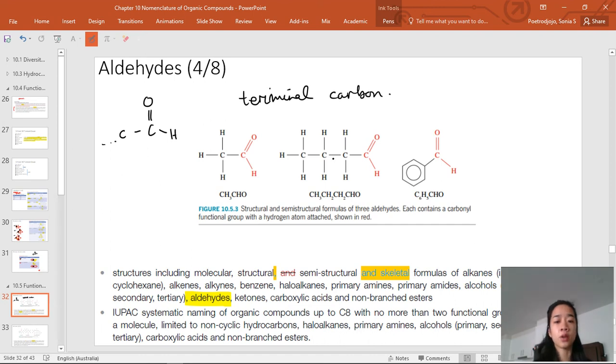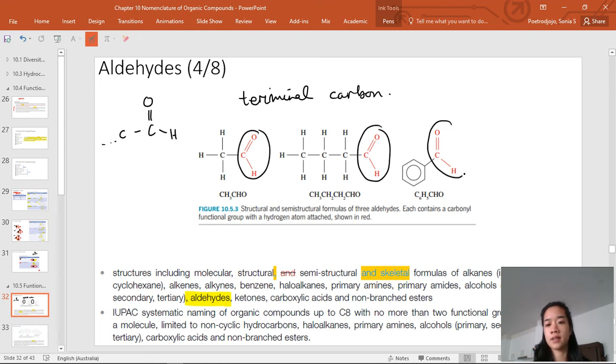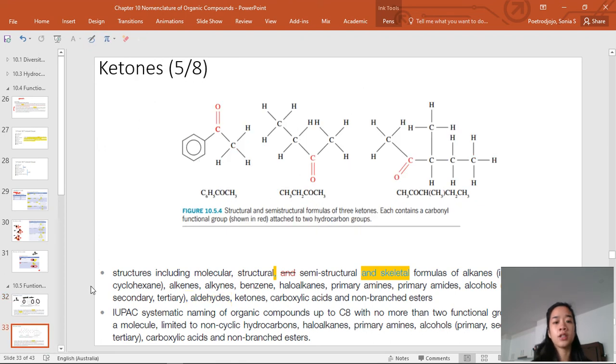They can't be in the middle of the compound, they always have to be on the end. So in all of these examples, the aldehyde is always at the end. Okay, when it is in the middle, it's called a ketone. So an aldehyde looks like this.